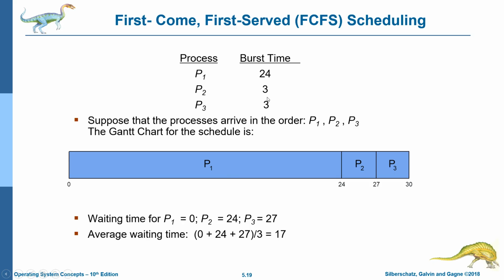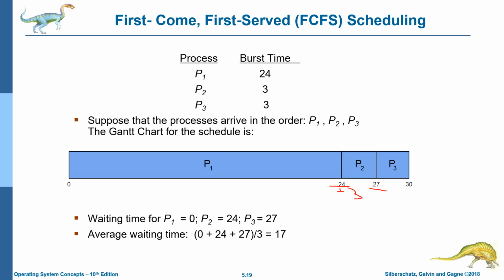P2 requires 3 milliseconds. For the starting 24 milliseconds, the CPU was allocated to P1. After that, the CPU will be allocated to P2 for 3 milliseconds. That means P1 completes at 24, and we add 3 milliseconds of P2, so it becomes 27. After that, P3 has already arrived in the ready queue, as the arrival time of all these processes is the same.